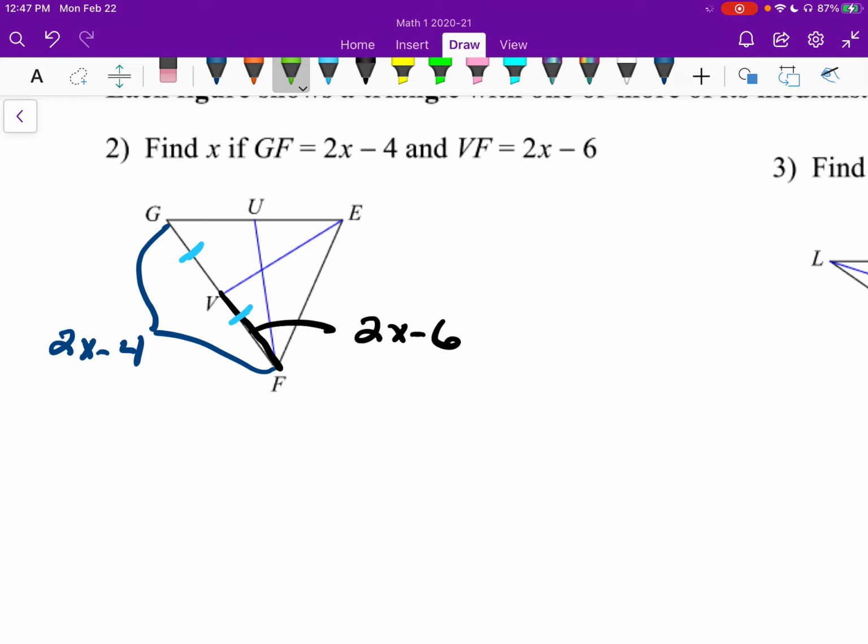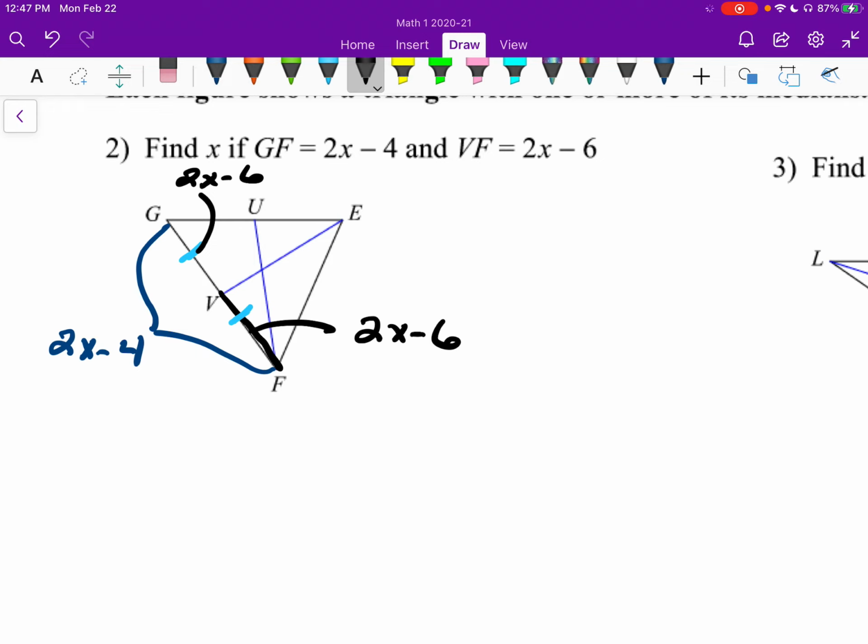Because there's this median that comes out of here, and it splits that up into 2 congruent pieces. It bisects it. So I could say, well, the blue writing here, the 2x minus 4, has to be double 2x minus 6, right? This piece up here would also be 2x minus 6.